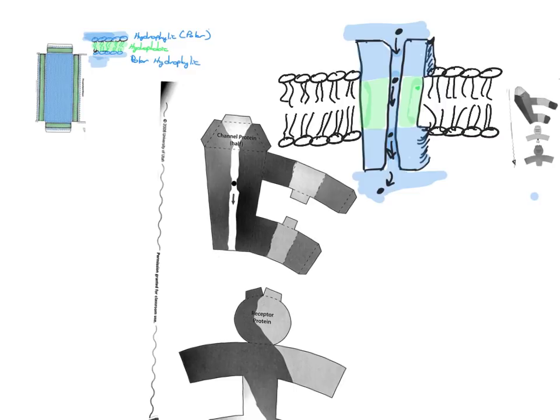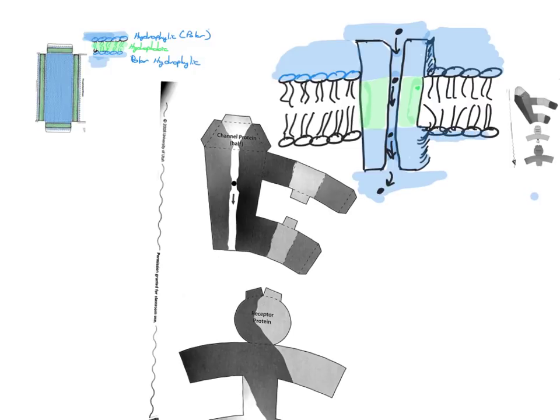Now this end here, this side here is all hydrophilic, right? Because it's part of those heads. What is that supposed to be? That's supposed to be here, this part. And this part here is hydrophilic.